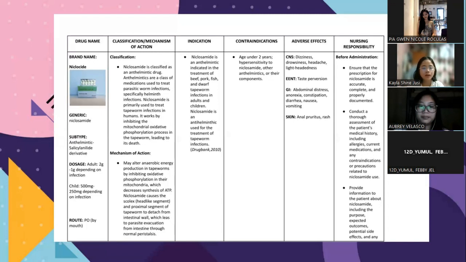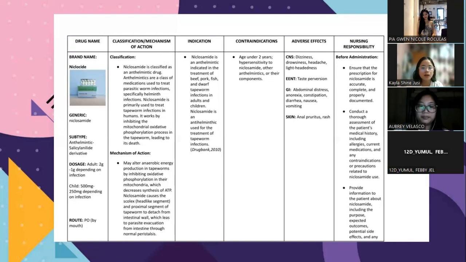Now for the indication, niclosamide is an anthelmintic indicated in the treatment of beef, pork, fish, and dwarf tapeworm infection in adults and children. Niclosamide is an anthelmintic used for the treatment of tapeworm infection, by DrugBank 2010. Anthelmintics are drugs that are specifically designed to combat parasitic worm infection.